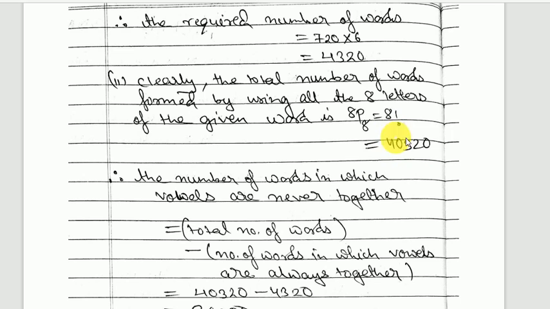Now in these arrangements only, you will have some arrangements where vowels are together and in some vowels are not together. So I know the total arrangements and I know the number of arrangements where vowels will be together. So if I subtract the arrangements where the vowels are together from the total possible arrangements, then I can get the number of arrangements where vowels are never together.